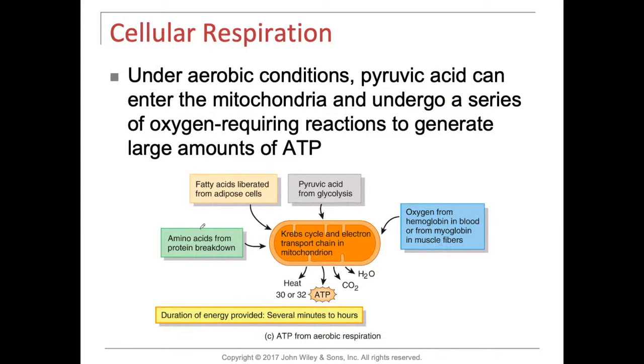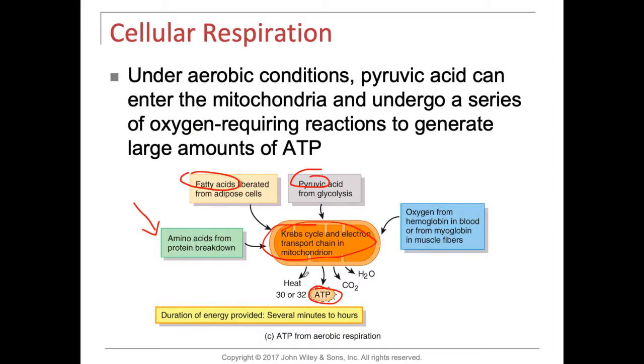So for cellular respiration, we get proteins that are broken down into amino acids. We have fats that are broken down into fatty acids and glycerol. And then we have glucose that can be broken down into pyruvic acid, that can enter the mitochondria to produce ATP.